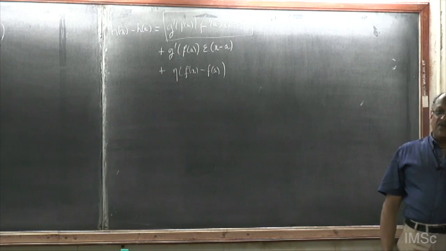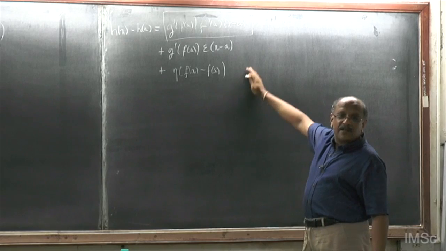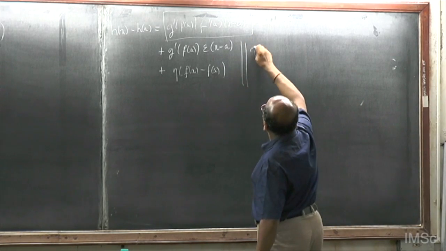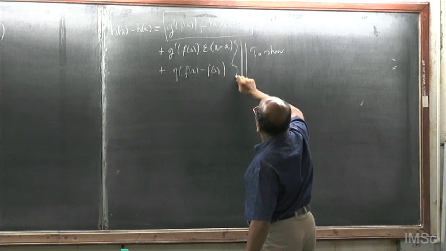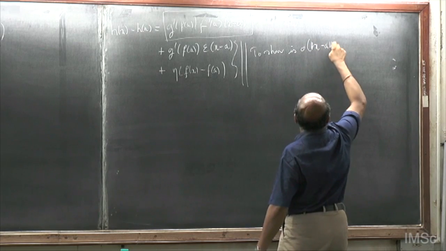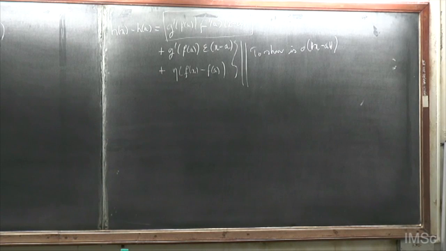So, my theorem will be proved if I can show all this is little o of x minus a. If I do that, then by definition that has to be the derivative.